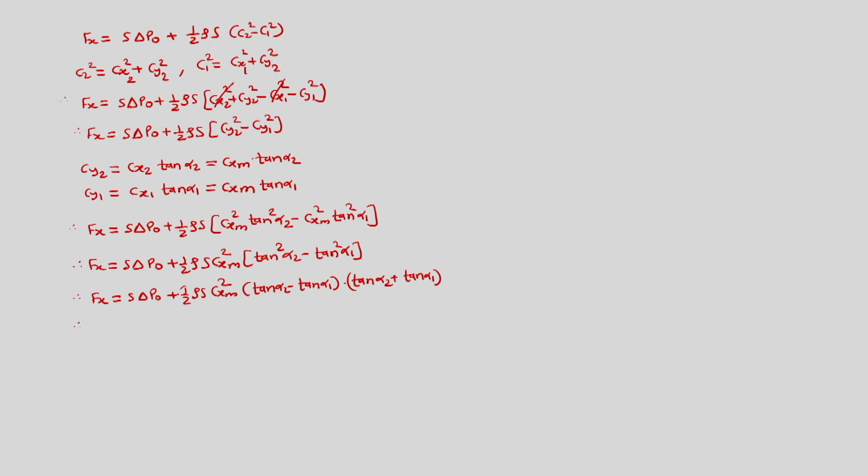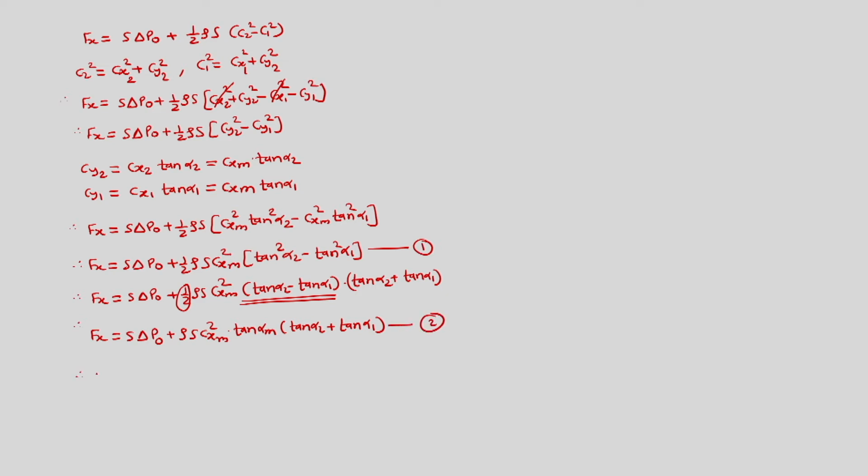Further, we know half into this term can lead to tan of alpha m. So, we can write it as S delta P naught plus rho S Cxm square into tan of alpha m into tan alpha 2 plus tan alpha 1. We will remember this expression and name it as number 1, and the other as number 2.